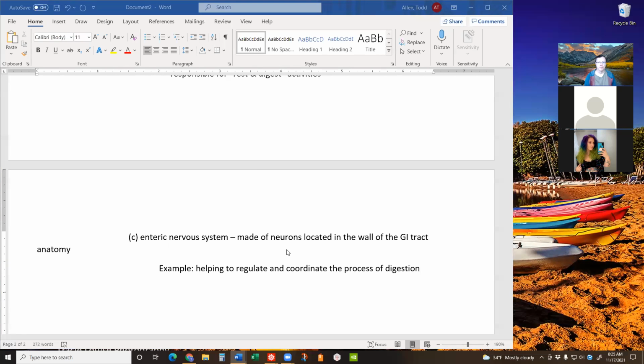Here we go. How many microorganismal cells exist in and on our body for each one human cell that makes up our body? What's the current estimate that science throws out there? How many microorganismal cells?